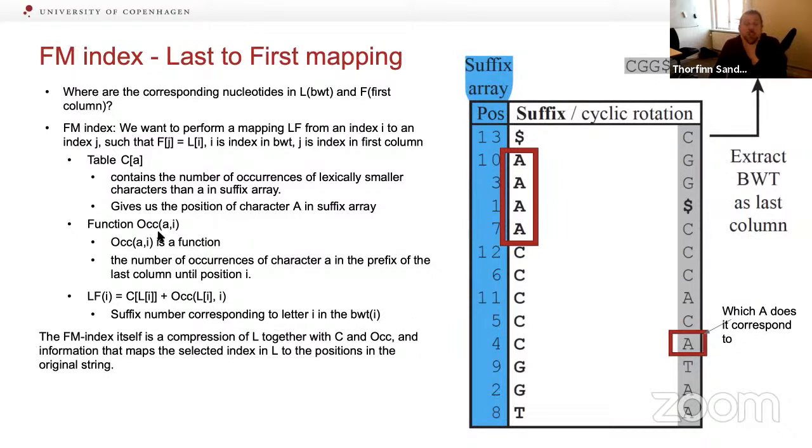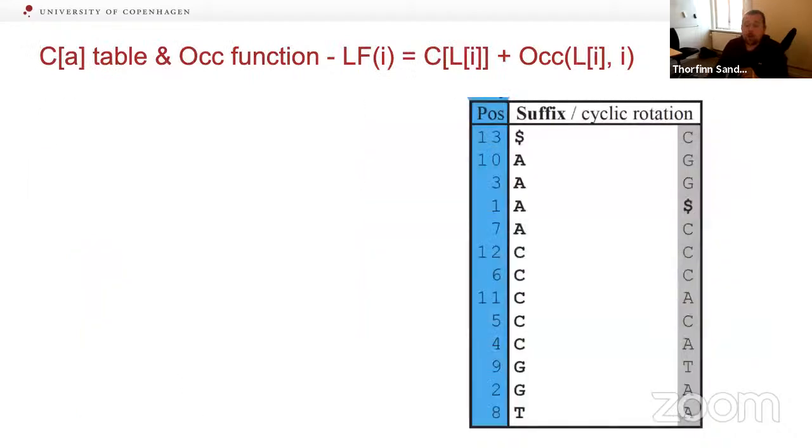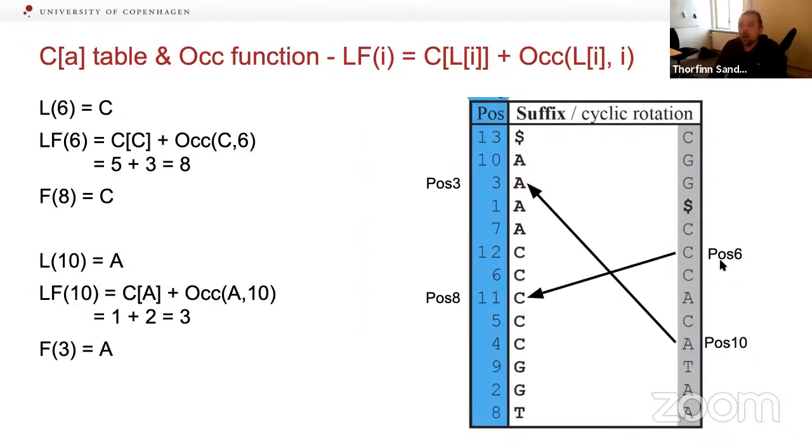Then there's a function which they call the occurrence function, and this is in essence just the ranking. And based on the occurrences and the ranking, then we can apply this LF function to obtain the row number that corresponds to a specific A. So an example here, we want to figure out which row this corresponds to.